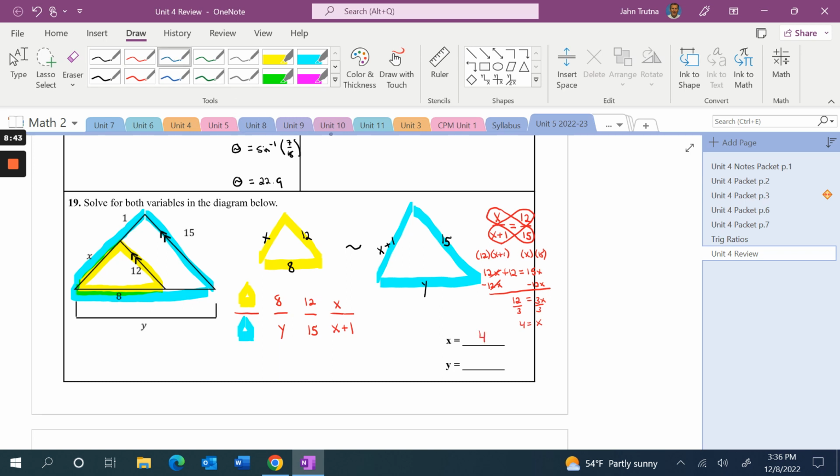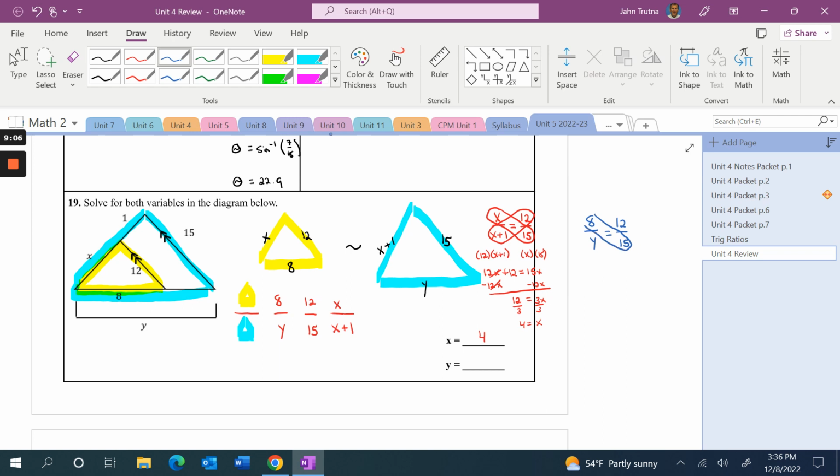All right, now I'm going to do the same concept to find y. So I'm going to choose the ratio 8 over y, and then I'm going to choose 12 over 15. Once again, you would not want to choose x over x plus 1 with 8 over y. You want to avoid, if possible, equations that have two different variables in them. And I cross multiply.